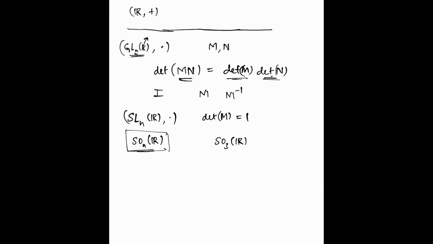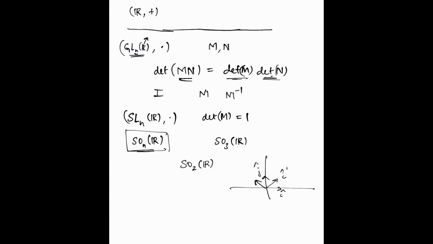SO2R is something you can even visualize. If I have the two-dimensional plane, I told you that the angle between the basis vectors needs to be preserved. So let's say this vector is i hat, this is j hat. Let's say i hat goes somewhere here to i hat dash.